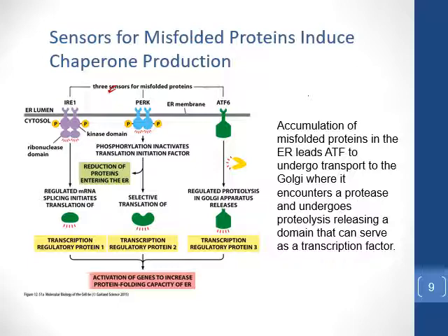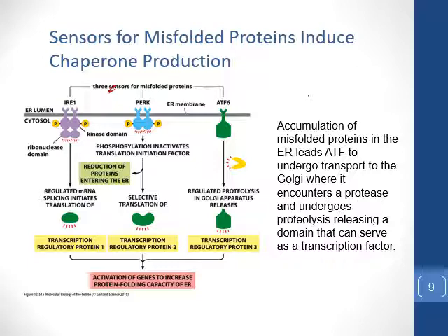Well, if you've got a protein folding problem, the last thing you need to do is keep adding proteins to the ER. The more proteins you add to the ER, the more concentrated the proteins become, the higher the density.